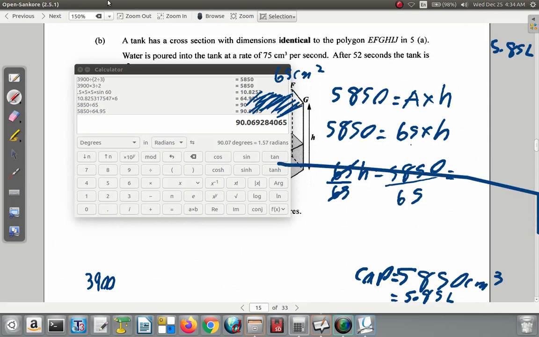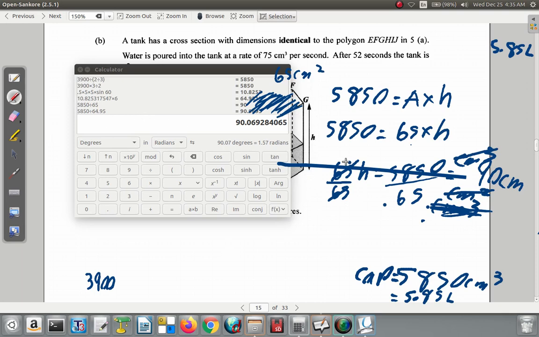Oh, my equipment sometimes causes all sorts of lines and dots to appear, but this would be 90 centimeters. And notice it's in centimeters because the 5850 was in centimeter cube. What am I doing? Centimeter cube up here divided by the 65 in centimeters squared. Centimeter cube over centimeter squared gives you centimeters, right?